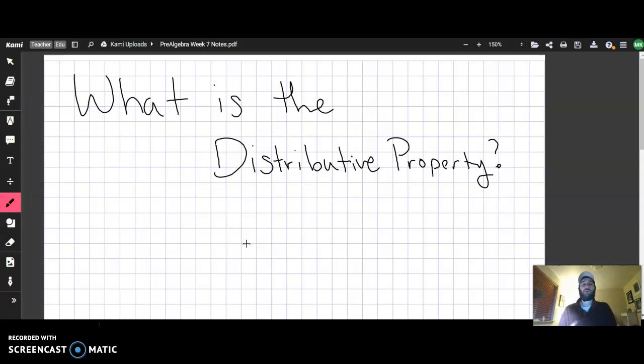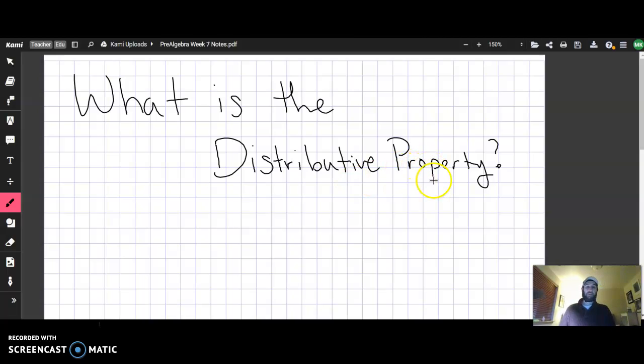That's what a distribution center does: it collects the products and items and sends them to other places. The distributive property uses that same word intentionally. It has the same meaning here, where we're giving something to everything else.